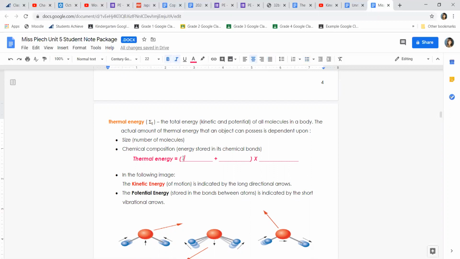So thermal energy is going to be the kinetic plus the potential, times the number of particles. All right, so that is going to be the formula that you would use to calculate thermal energy.